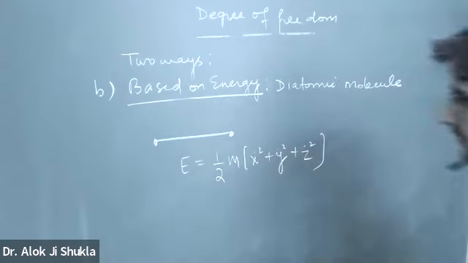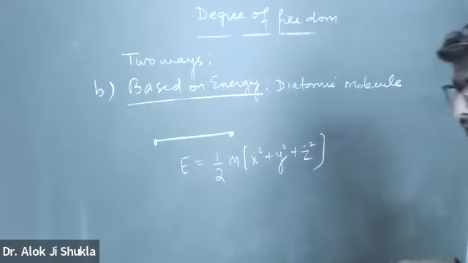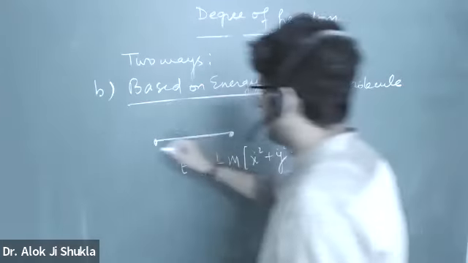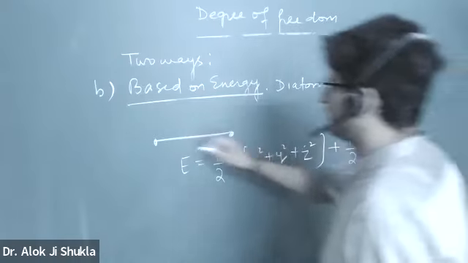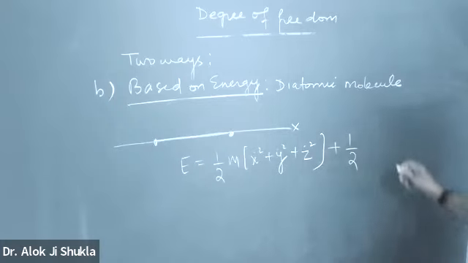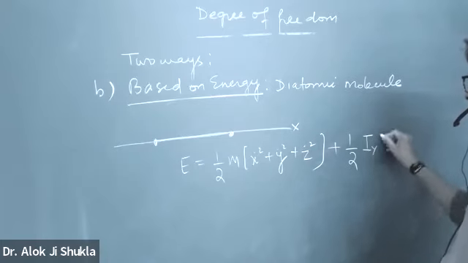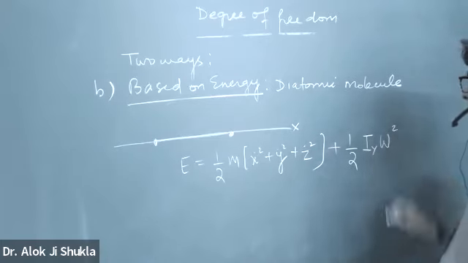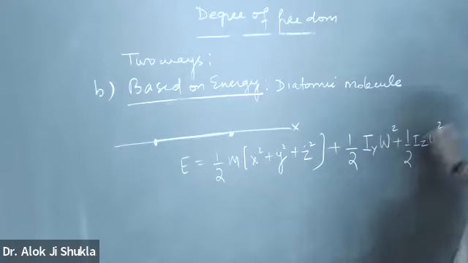So 3 translational terms will be there. And if I consider the rotational terms, suppose this is the x-axis, so rotational terms will be half I y omega square plus half I z omega square.